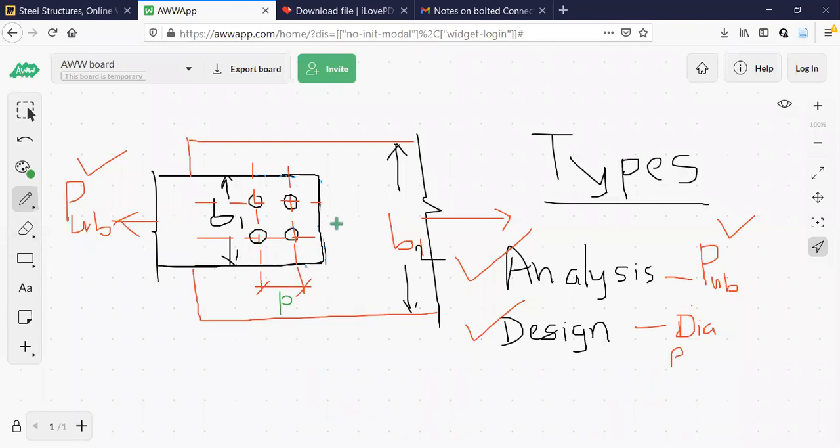Force is in this direction. This is not pitch, this is the gauge distance, you'll come to know that later. This is different. So pitch is always measured along the direction of the force.